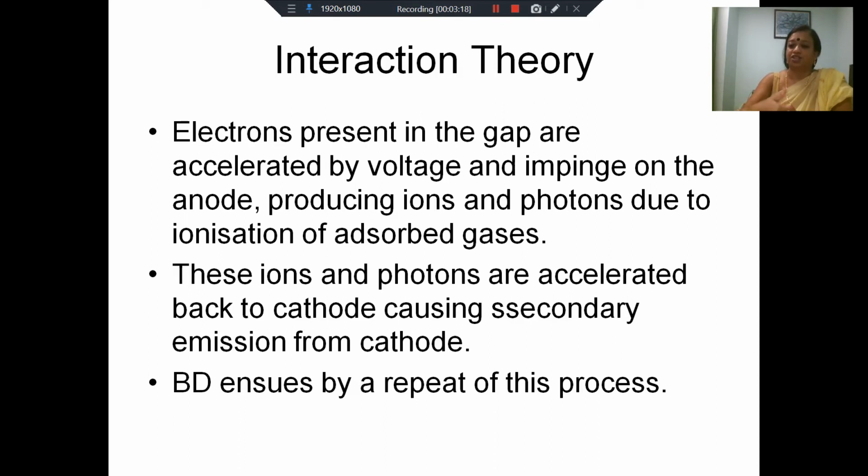You do not have a gaseous medium which you can ionize, but in a manner similar to the Townsend process, the accelerating electrons can produce ions and photons by ionization of adsorbed gases, which should not have been there in the first place, but they are there. And these ions and photons will then be accelerated back and forth at the cathode. There will be ion bombardment, secondary emission will take place, and by a repeat of this kind of electron and ion impact, ultimately breakdown may happen. So this is another process by which breakdown can be explained.